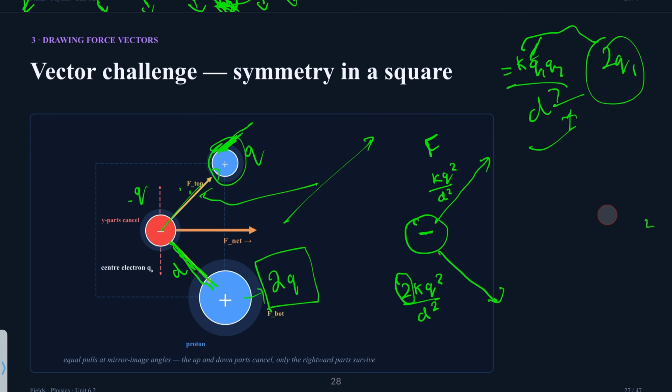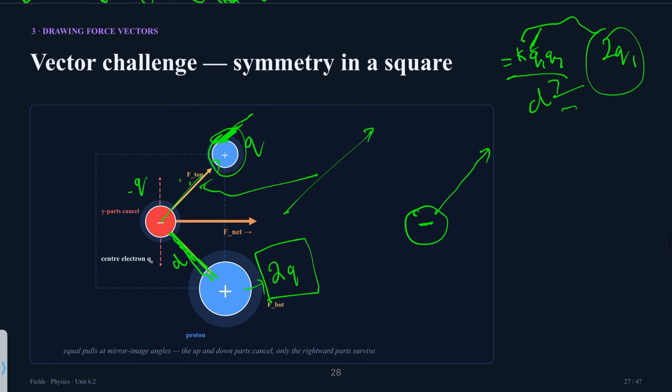So similarly, how am I going to draw that? The vector is going to be twice as large. So I'm not going to get on my ruler and measure it, but it's going to be twice as long, okay? Because that indicates its magnitude.